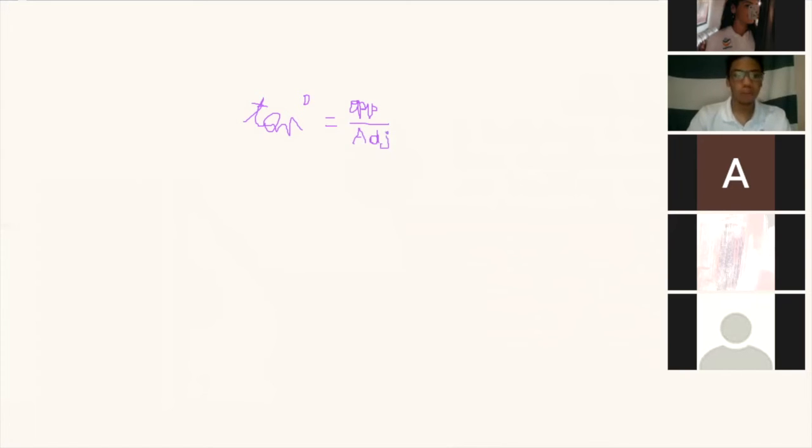Okay, now we have to put in the information of the exercise. So tangent of 40 degrees is equal to 60 over x, because we don't know the value of the adjacent side.